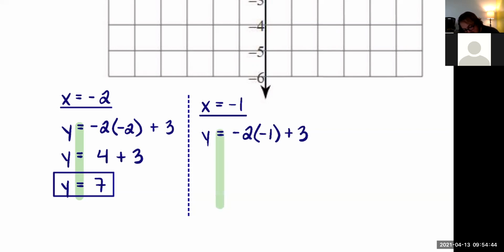Same process yet again. Y is still already by itself. We're going to do the multiplication first. This time, -2 times -1 is going to give me a +2. And 2 plus 3 is going to give me a 5.